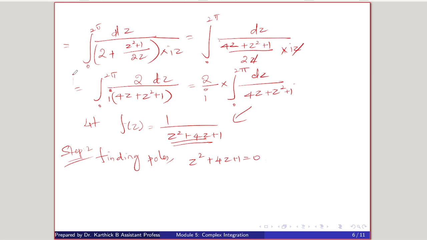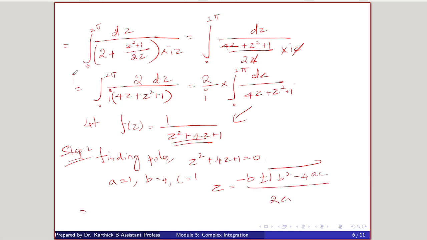So how do you find the poles here? I may use the quadratic formula. A will be 1, B will be 4 and C will be 1. So we have the formula minus B plus or minus square root of B square minus 4AC by 2A.